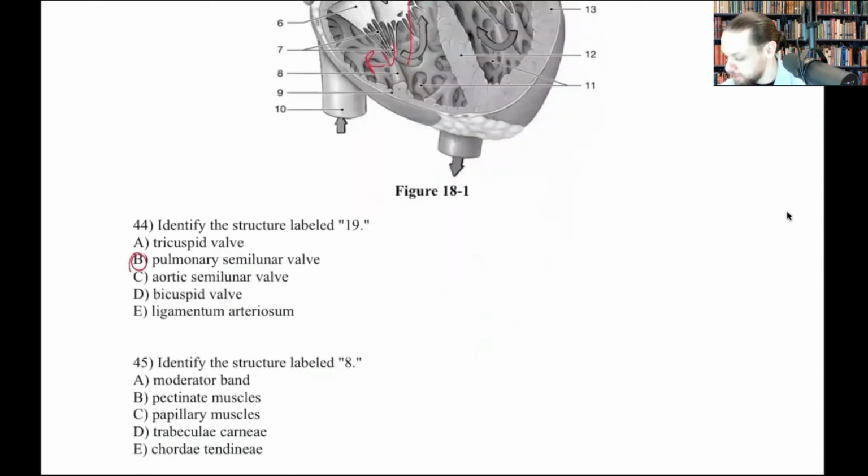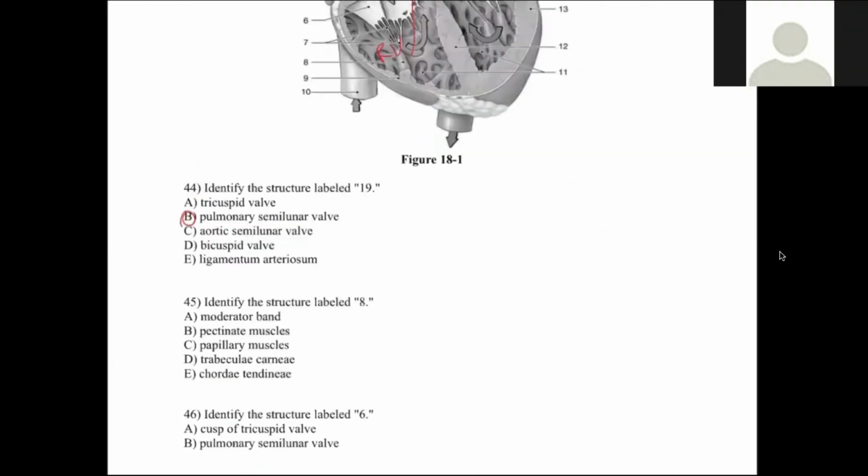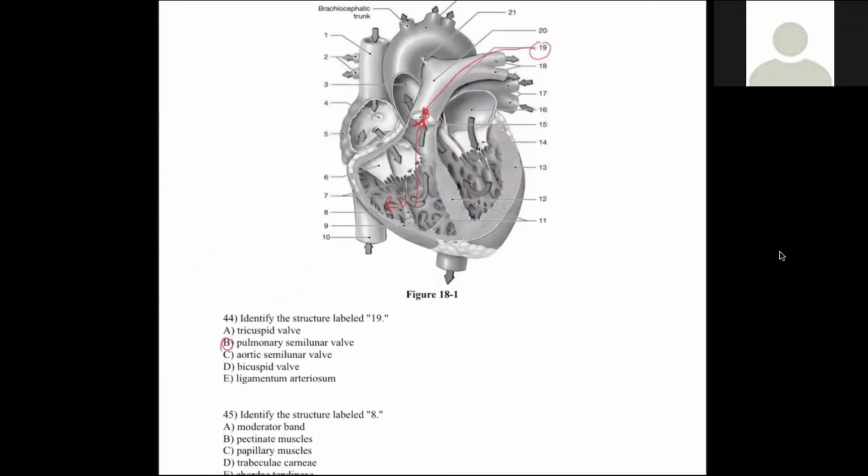So good. Number 45, we have Aaron. Identify the structure labeled 8. Can you zoom in a little bit?